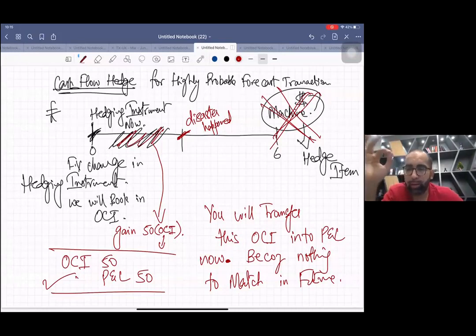But hedge accounting, listen to my words, is all about matching and offsetting: same period, same statement. When I teach, I say these lines many times. Hedge accounting is all about matching, offsetting, same period, same statement.